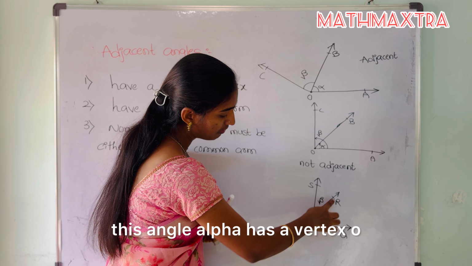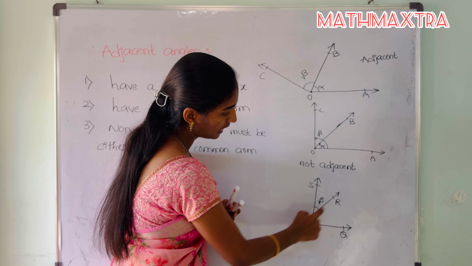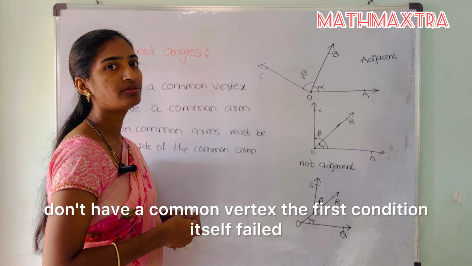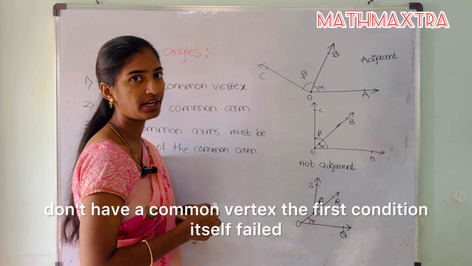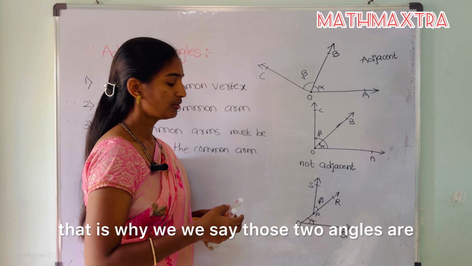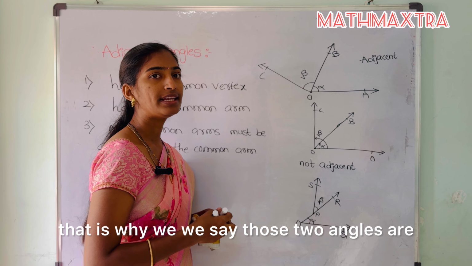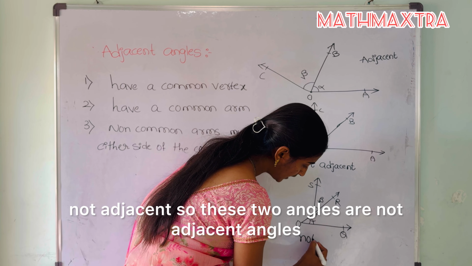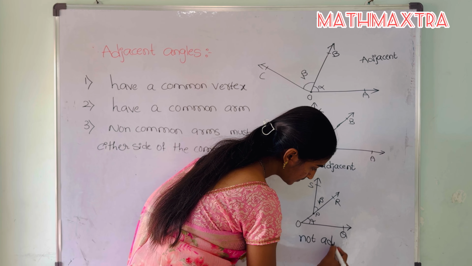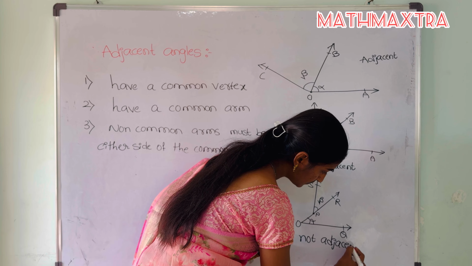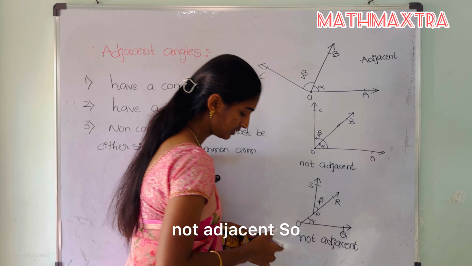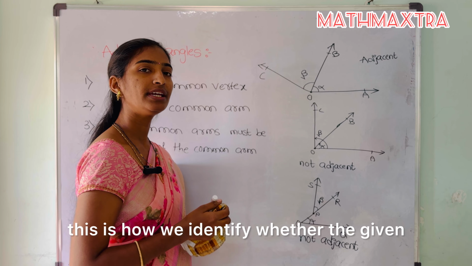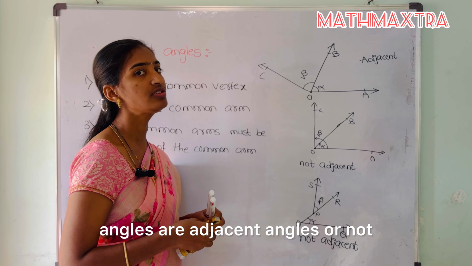This angle alpha has the vertex O and this angle beta has the vertex P. So they don't have a common vertex. The first condition itself failed. That is why these two angles are not adjacent angles. So this is how we identify whether the given angles are adjacent angles or not.